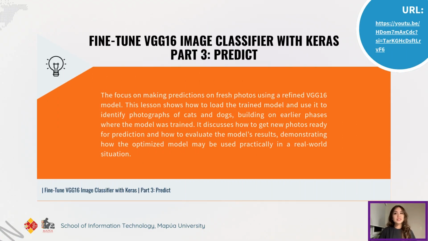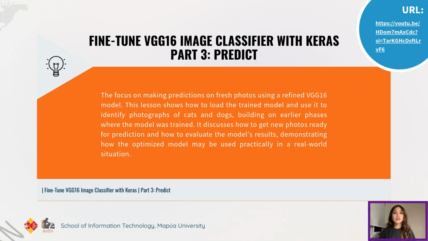Fine-tune VGG16 image classifier with Keras, Part 3: Predict, is part of a multi-part tutorial on the practical application of a fine-tuned VGG16 model for image classification. The primary goal is to demonstrate making predictions on fresh photos using a refined VGG16 model.